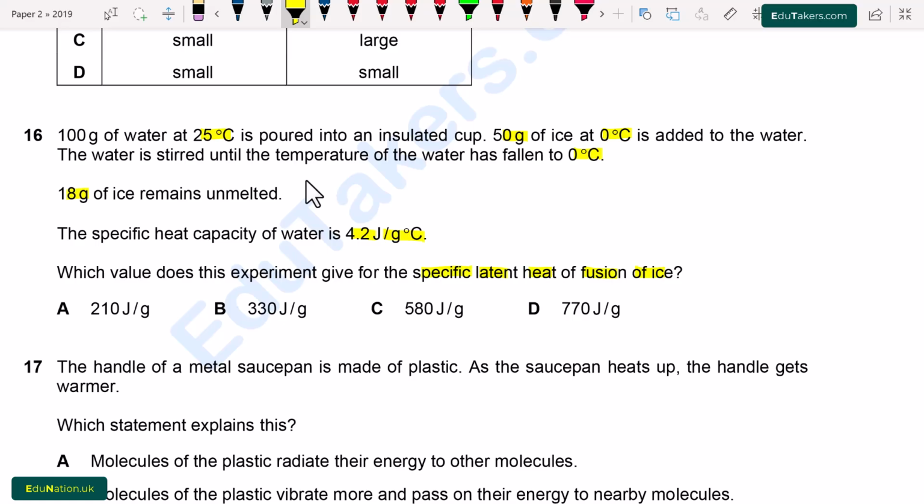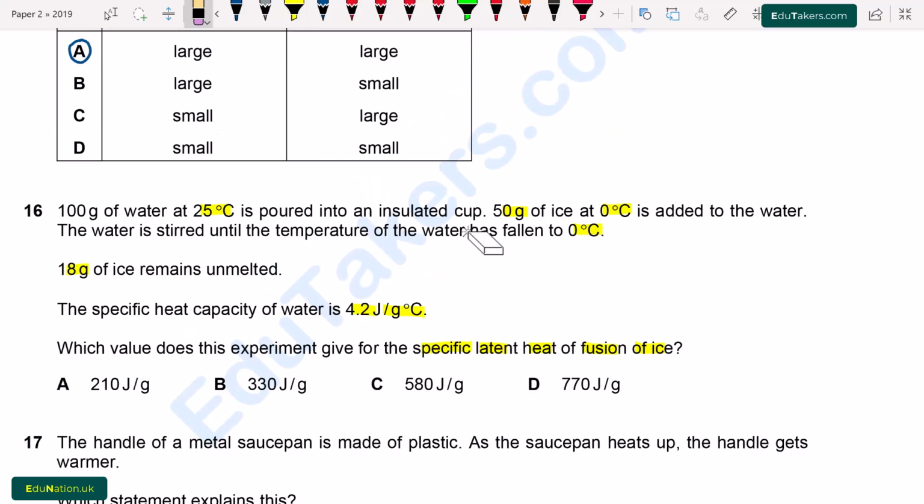So here we have to find out the value for the specific latent heat of fusion of ice. Here the temperature of the water has decreased from 25 degrees C to 0 degrees C. It means that heat is lost by the water. All of this heat is actually gained by the ice, so the ice melts.